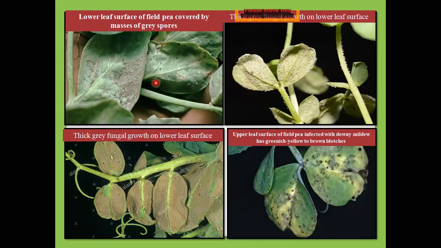So a whitish downy growth is seen on the infected leaf. These younger plants become infected and wilted in appearance. The upper leaf surface of the infected plant shows the downy growth, which becomes greenish yellow to brown blotches seen on a number of leaves of the infected pea plants.